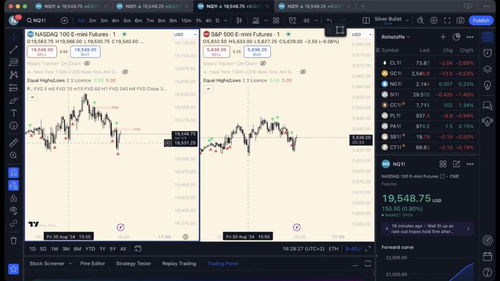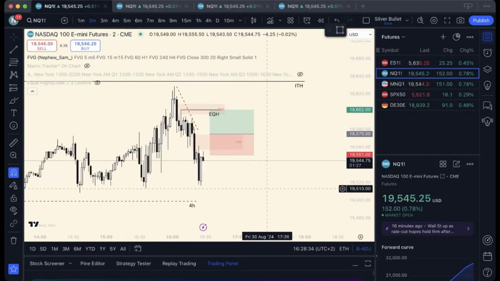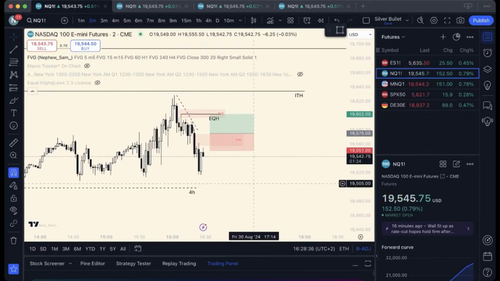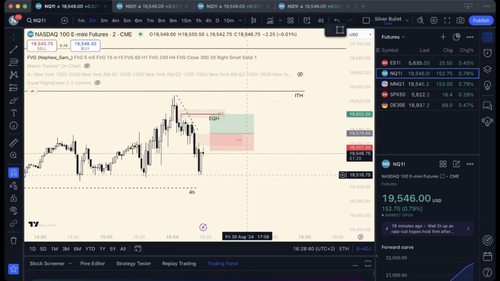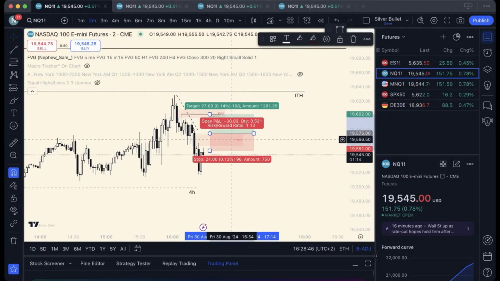We swept this low here on NQ and on ES. And we have so many nice upside targets. I would be willing to risk it. But the 4-hour tap would be definitely my preferred situation.